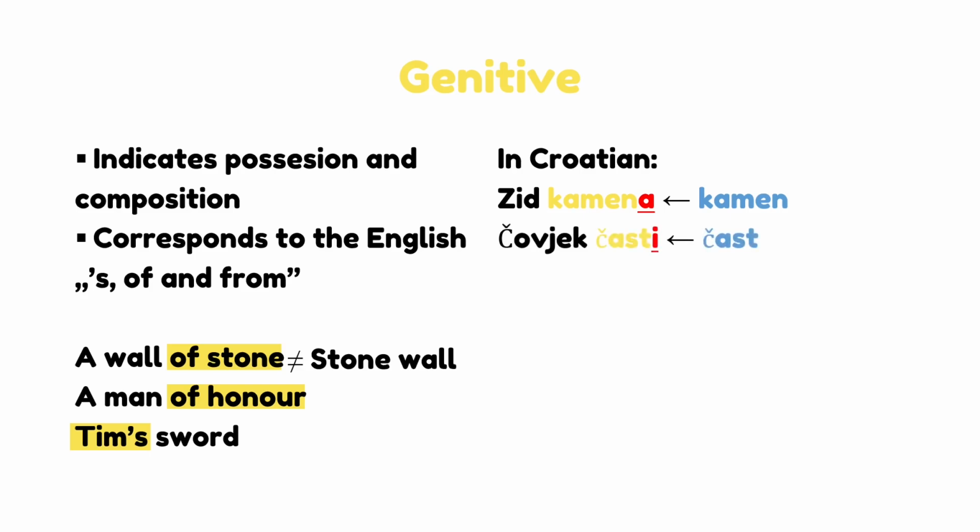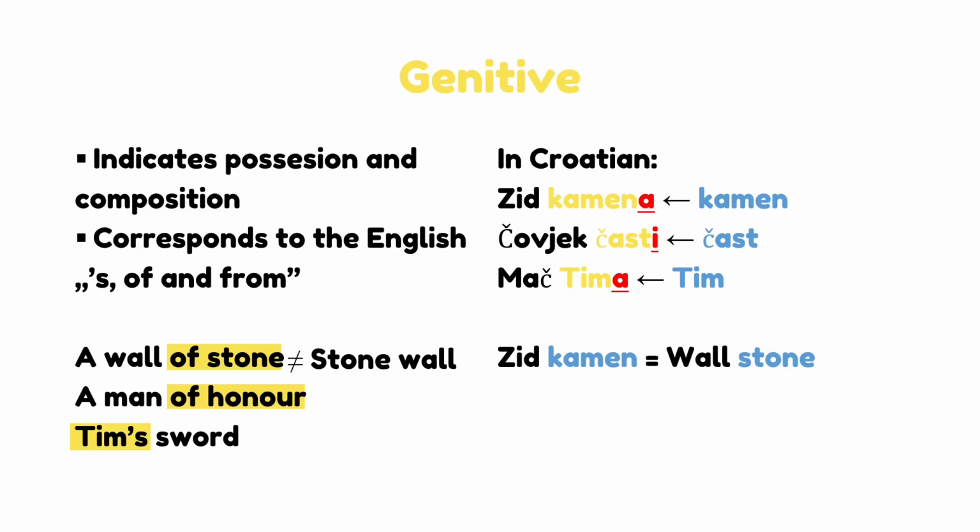In the same sentence, "čovjek časti," meaning a man of honor, you can see that the base form of the word is čast, meaning honor, and when you add that i ending, it becomes of honor. And in the sentence "mač Tima," meaning Tim's sword, you can see that Tima is in genitive, and Tim, the base form of the word in nominative, is changed.